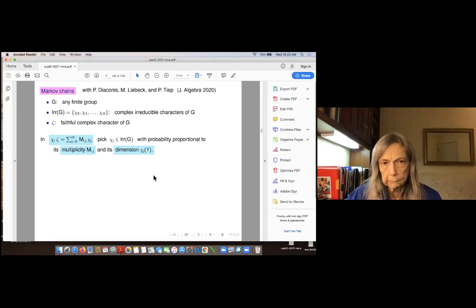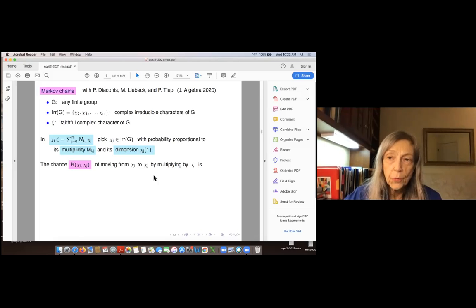Okay. So here's the chance of moving from χ_i to χ_j by multiplying by ζ. And that's it.